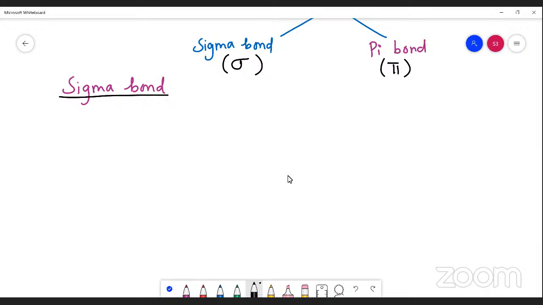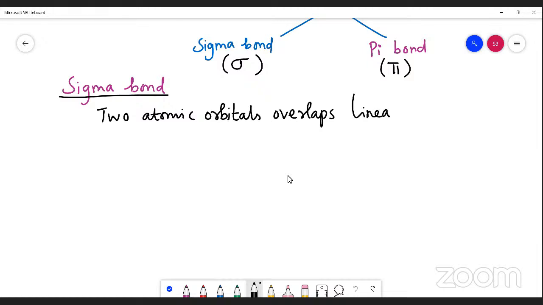When two atomic orbitals overlap linearly along the axis.